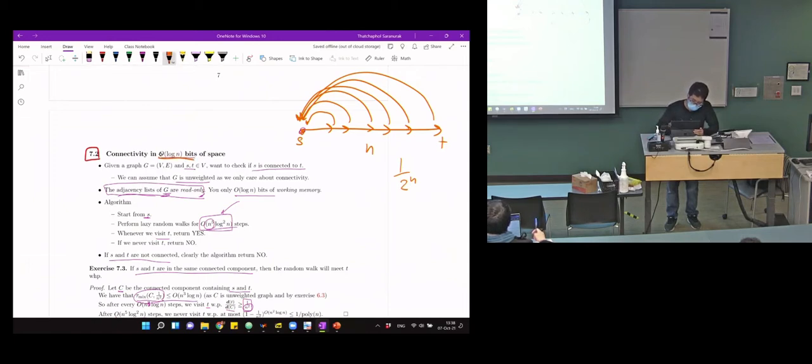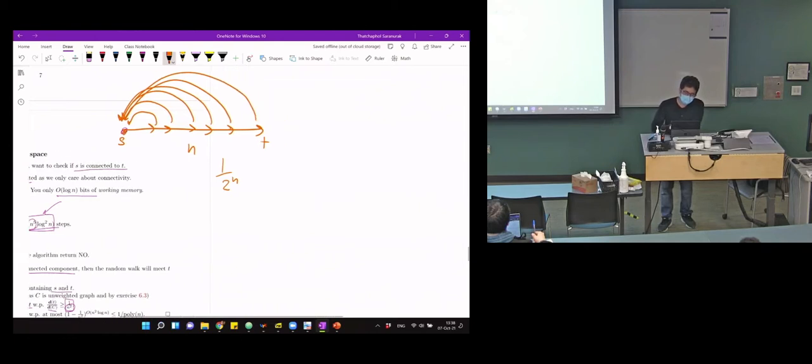There is an algorithm that can take log n bits of space to check the connectivity in a directed graph. But actually, this leads me to mention one very nice open problem. That is, this is open too. So let's forget log n bits of space.